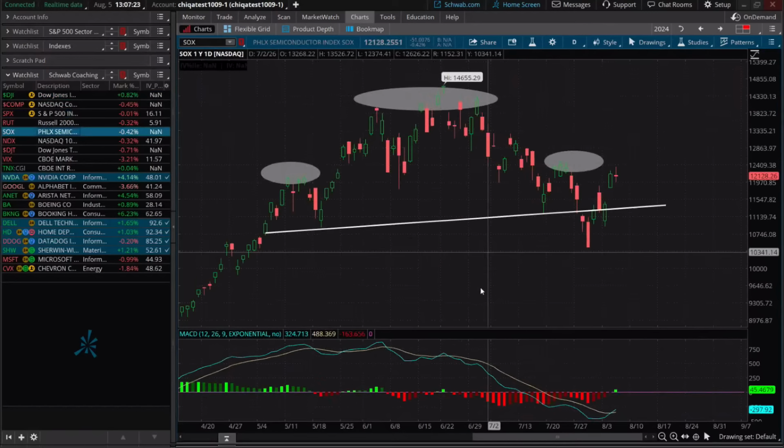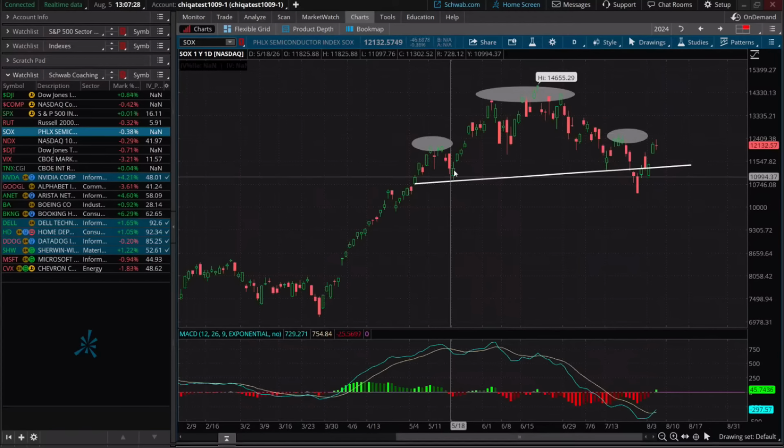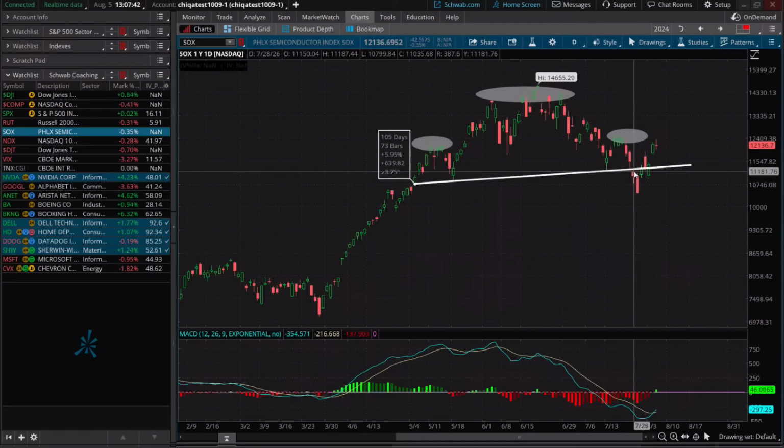And then within the semiconductor index, we had this pretty massive head and shoulders topping formation. If we look at this slanted trend line, we had a left shoulder, a big head, a right shoulder, and a little bit of a breakdown. We did not stay below that level of support, then new resistance, for more than 3 closes.